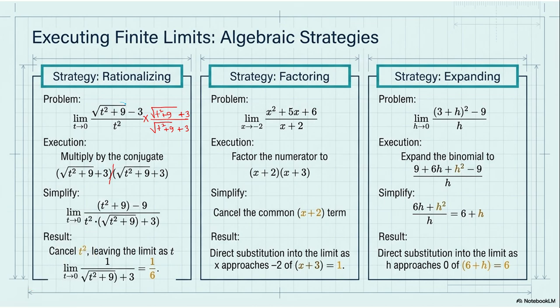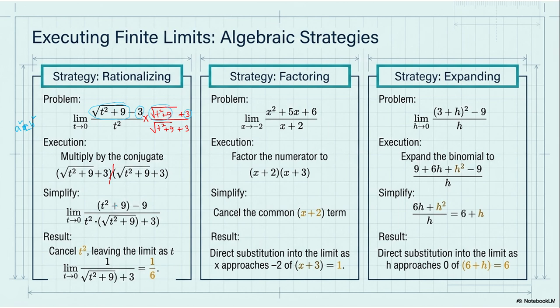If we consider this one as a and this one as b, then we have a minus b times a plus b, so it will be a square minus b square.